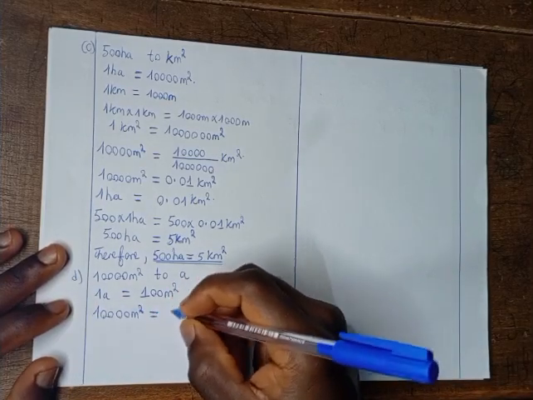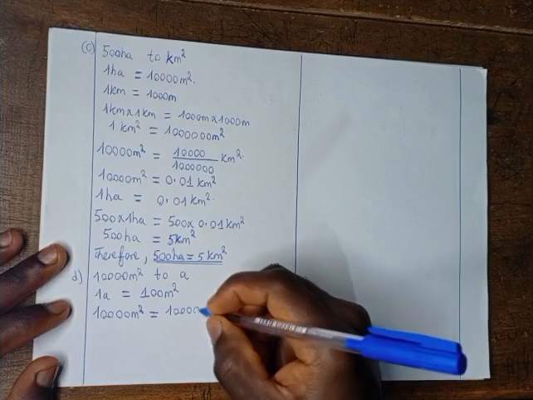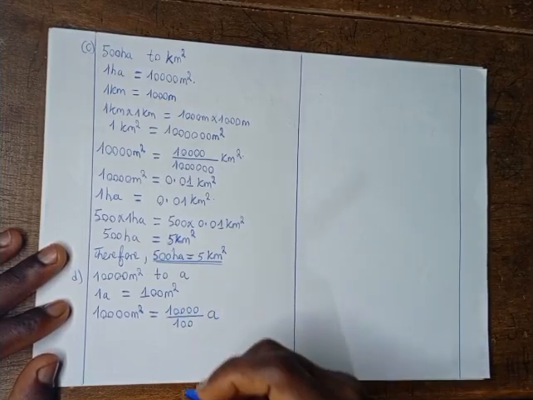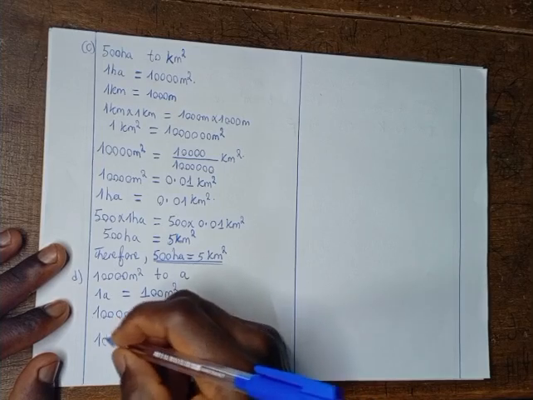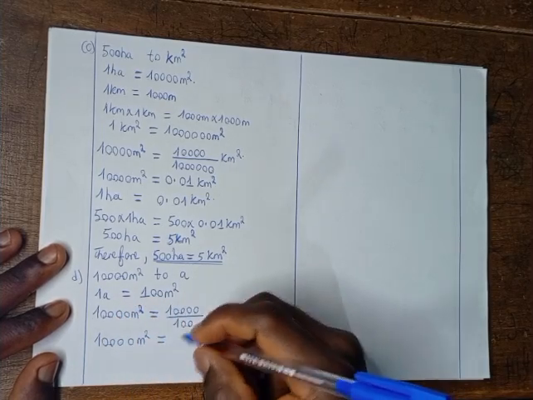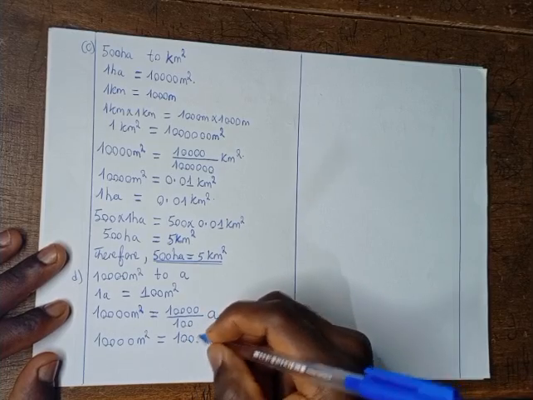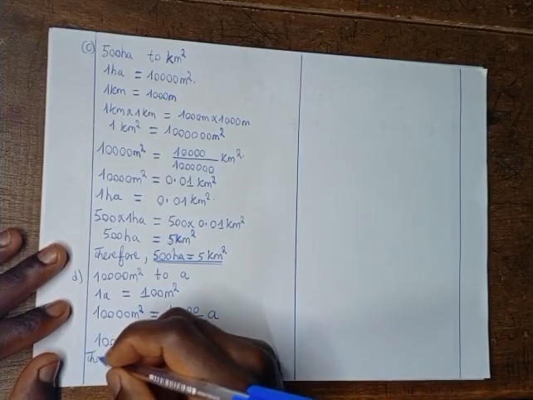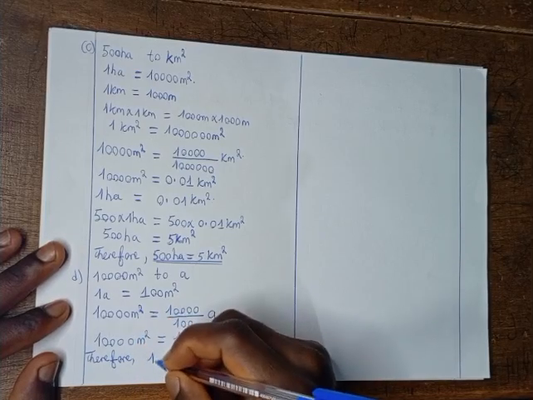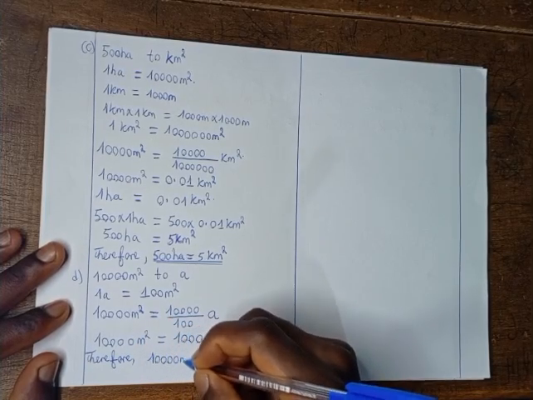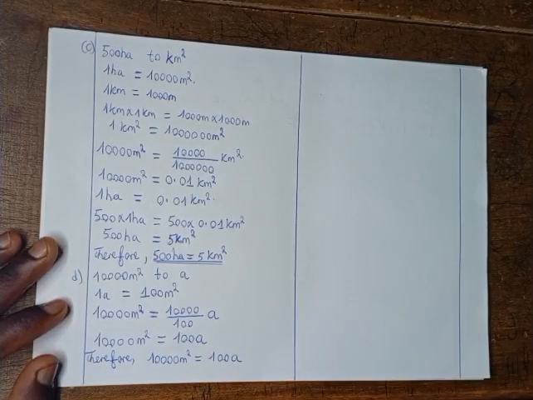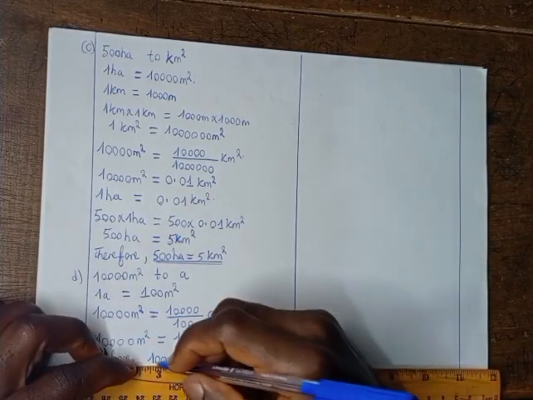So this will simply be equal to 10,000 divided by 100, and the unit will simply be R. This will simply give us 10,000 meters squared to be equal to 100 R. We conclude, therefore, 10,000 square meters is equal to 100 R. We underline the solution.